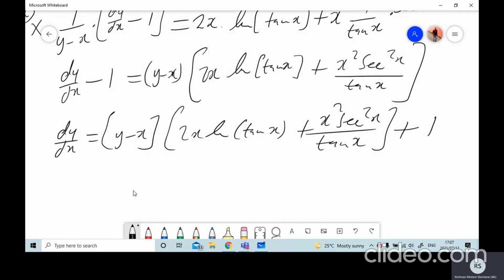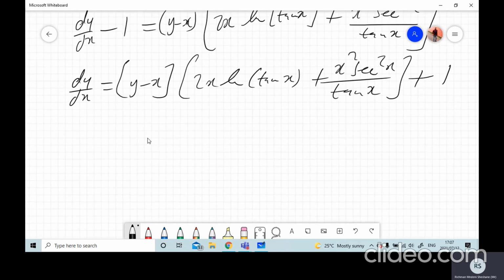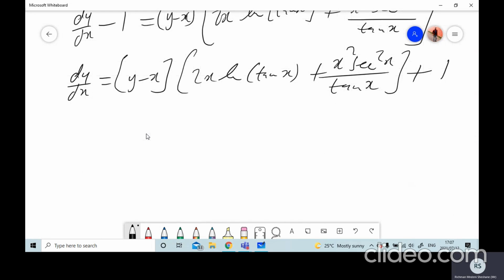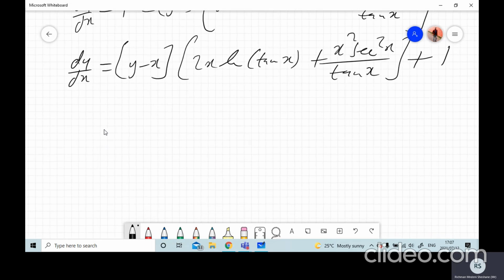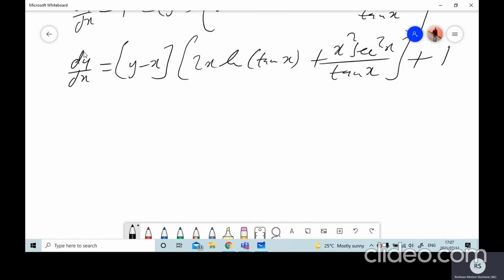In implicit differentiation, it's fine, you can leave it in terms of x and y, but in log differentiation, substitute y in your final step. There's a mark for this.